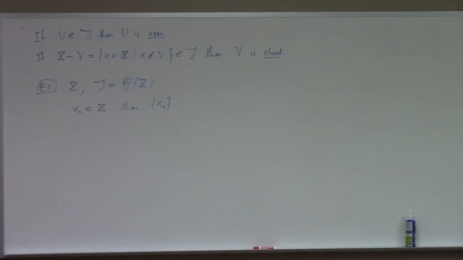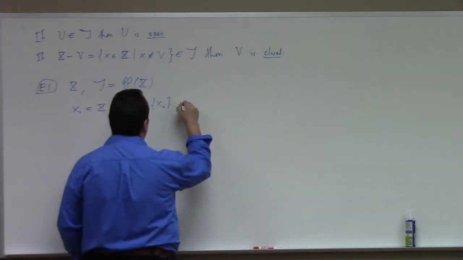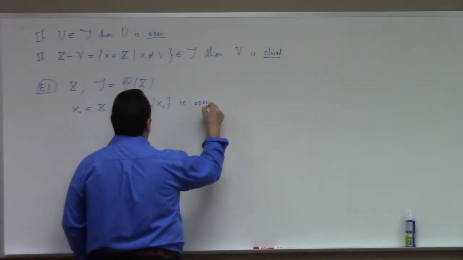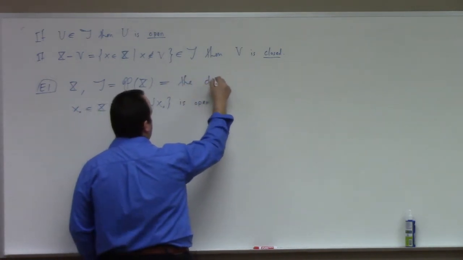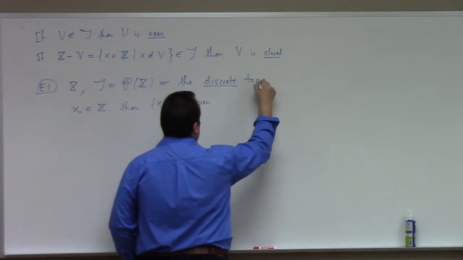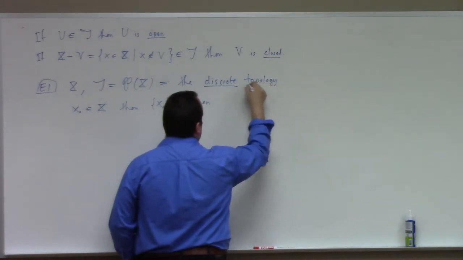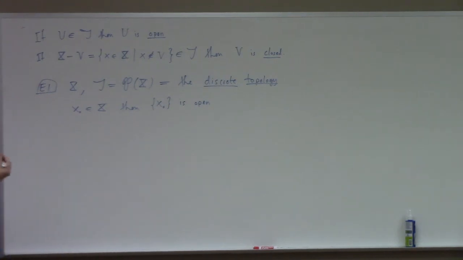This is kind of annoying, right? But that is a topology. So this is actually called the discrete topology. I think the reason for that terminology really is because it makes discrete mathematical things open.